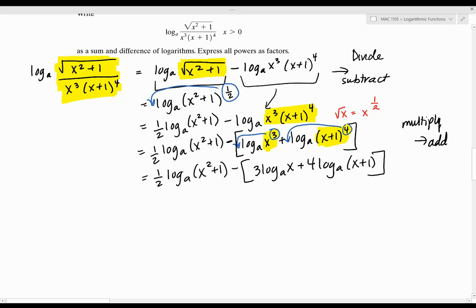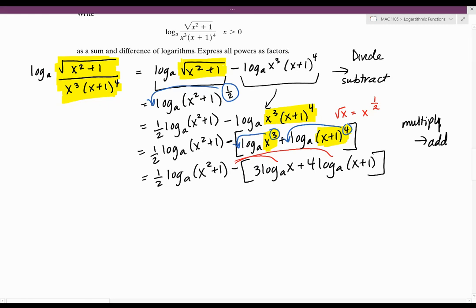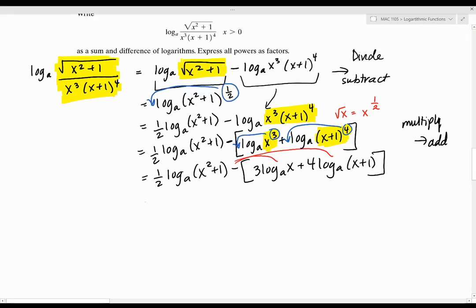Now, in each one of those arguments, everything has been completely expanded. The only thing we need to remember to do is to distribute that negative sign to the terms that follow it, to this expression and to the second one. So our final answer will be this. And you've completely expanded that log. Great.